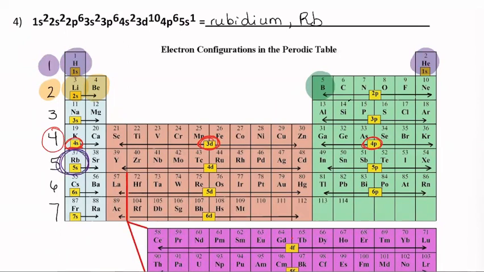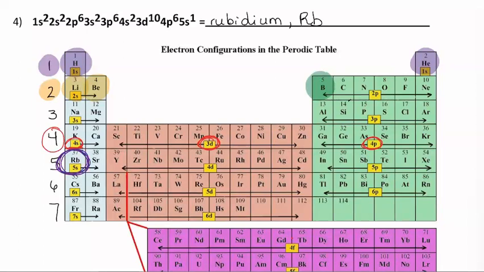Rubidium lives here, okay? So think about it in terms of how things are populating. The way that we visualize these electron configurations is that the electrons need to live in different energy levels, right? So to get to rubidium, we need to say, where do those 37 electrons live?